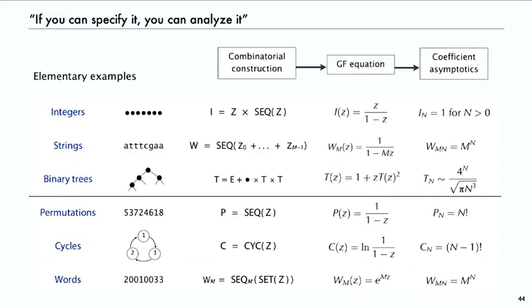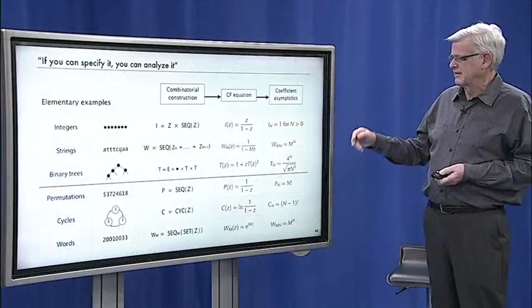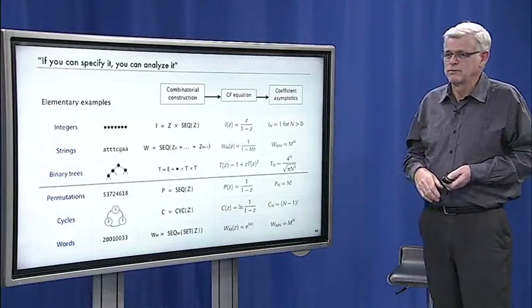Words, if you specify the indices that have each value, it's a sequence of sets, and so immediately the transfer theorem gives e to the mz, and it's m to the n. It's just looking at the same combinatorial objects in 2 different ways.